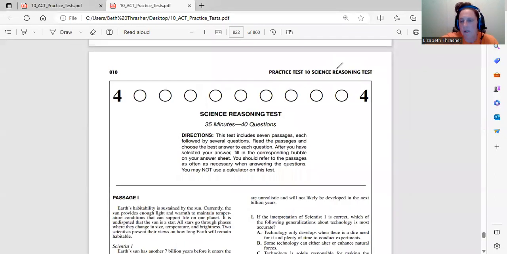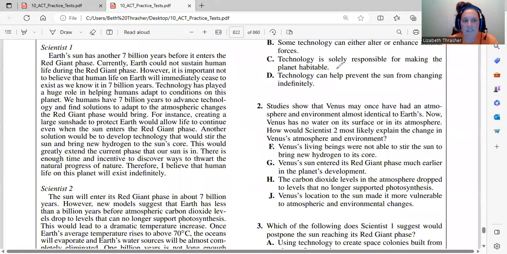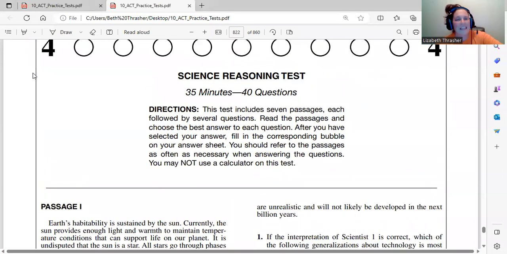So, what are they? Well, number one, you want to save the scientist comparison passage for last. Whenever you take this ACT, you're going to have one passage in the science section where it has scientist 1 versus scientist 2. So you want to do the scientist 1 versus scientist 2 last.